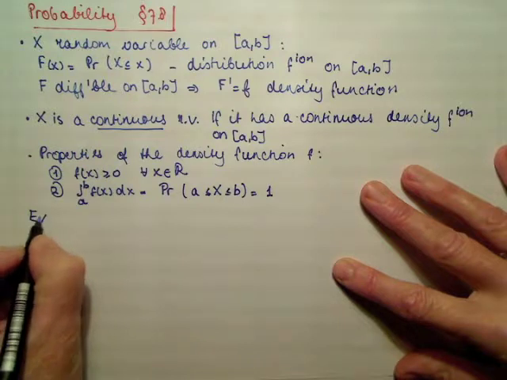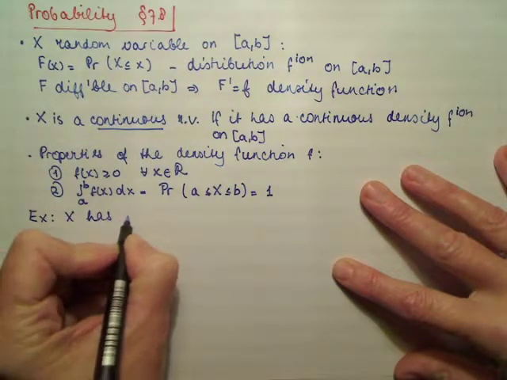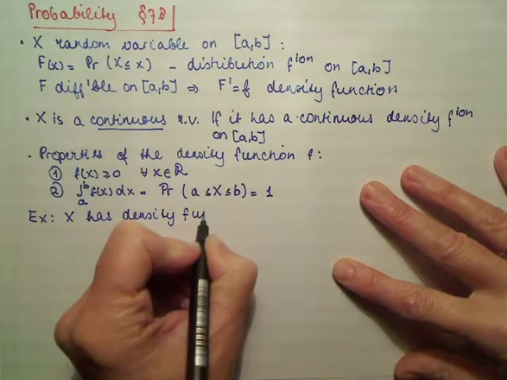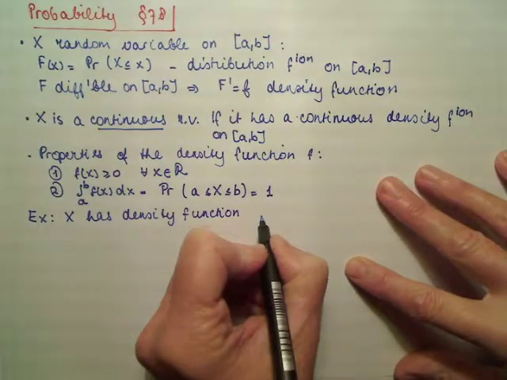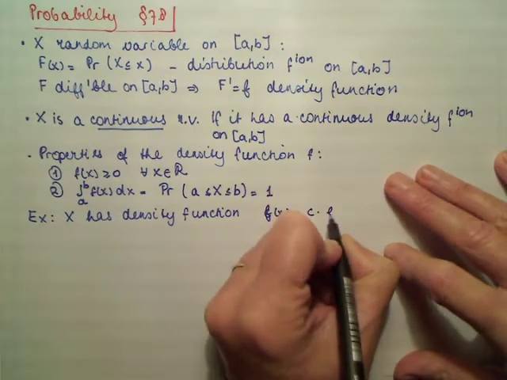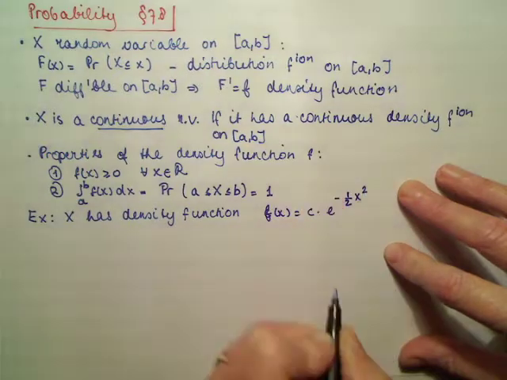Now let me give an example. Suppose that x has density function c times e to the minus 1/2 x squared, where c is a constant.